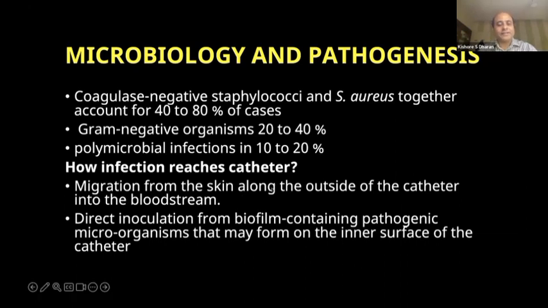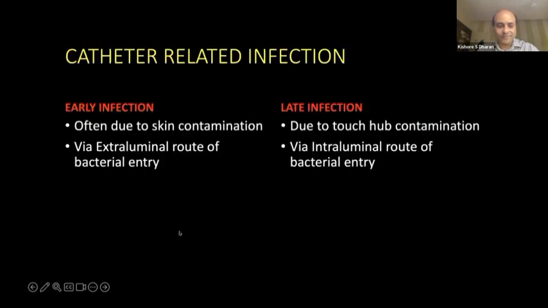How does the infection reach the catheter? One mechanism is migration from the skin along the outside of the catheter, and secondly, direct inoculation from biofilm containing pathogenic microorganisms that can form on the inner surface of the catheter. An early infection can occur within 48 to 72 hours of catheter insertion.